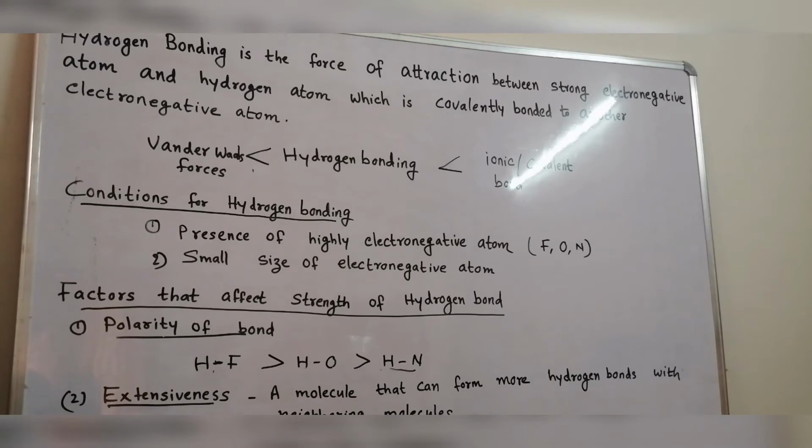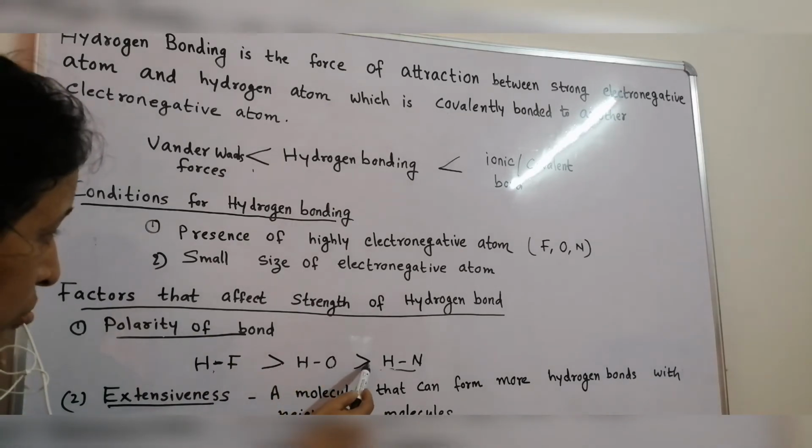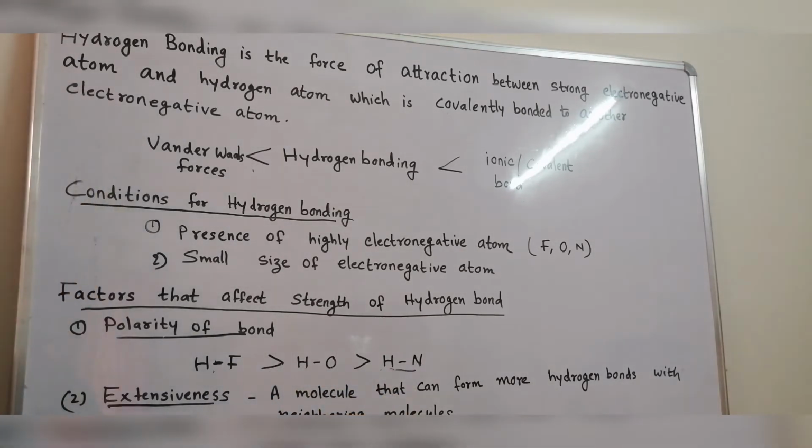Fluorine is highly electronegative and hydrogen is electropositive, while the HN bond is the least polar. So polarity decreases in this order: HF is more polar than HO, which is more polar than HN.